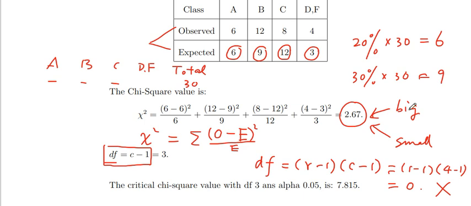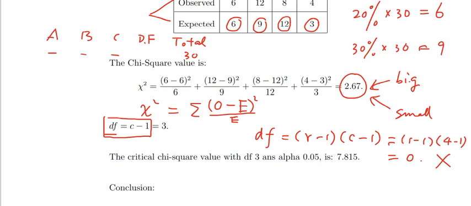So if we know how many A, how many B, how many C, then we can find how many D or F. So even though we have 4 numbers, only 3 numbers can change freely. The last one is fixed. This is the reason the degree of freedom is C minus 1.